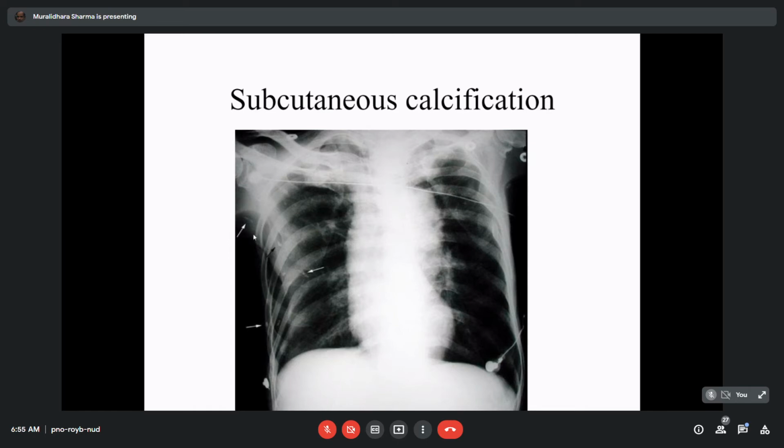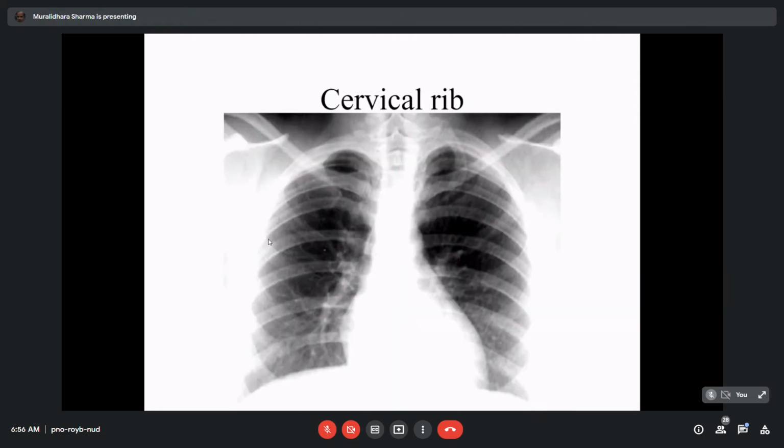This actually is over the surface of the body, which you can make out by the extension of the opacity beyond the thoracic cage. If this opacity were within the lung tissue, it could not extend beyond the lung area. So a calcification in the subcutaneous area, often a scar which gets calcified, or maybe a keloid or hypertrophic scar which also can get calcified, may be seen as such.